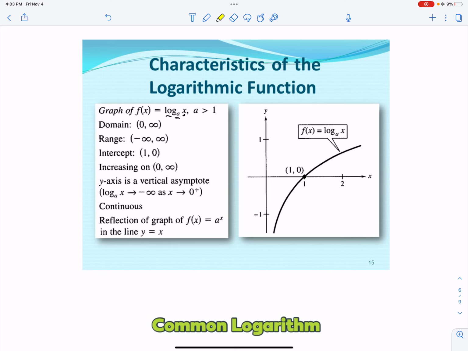We talked already about our domain going from 0 to infinity, and our range going from negative infinity to positive infinity. In our basic equation, we have an intercept of (1, 0). It's increasing, and it is the reflection of that exponential function.